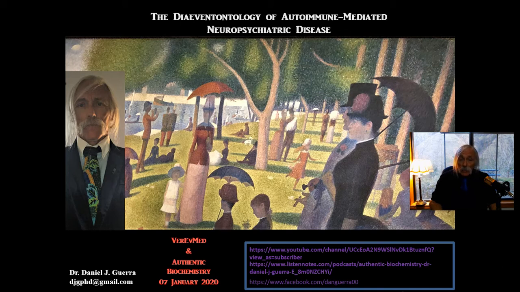So, again, today we're going to look at Diaeventontology. That is a new paradigm I've created for an understanding of scientific phenomena. And I've talked about it at great length in various other lecture formats. We'll bring it up again here, maybe not today, but basically, if you tear apart the term, what I want to look at is the dialectics of events, and those events within an ontological perspective, that is, looking at the metaphysics of how phenomena can come together and form what we understand as scientific phenomena, and then our description of that scientific phenomena utilizing this new paradigm of looking at aspects of the environment, the neuroimmune and neuroepiimmune phenomena within environmental changes induced by environmental changes.